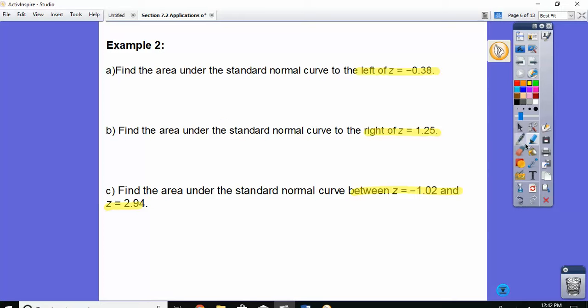So left of z equals negative 0.38. I already gave you the z value. We don't have to do the formula. Go to your table. Negative 0.3, and then you go to 0.08.